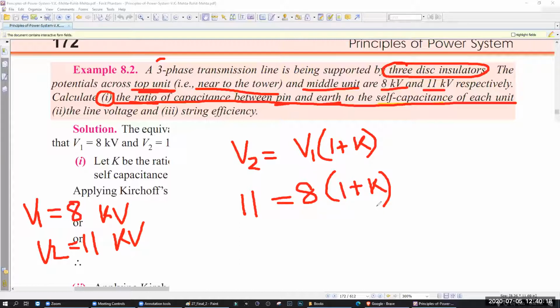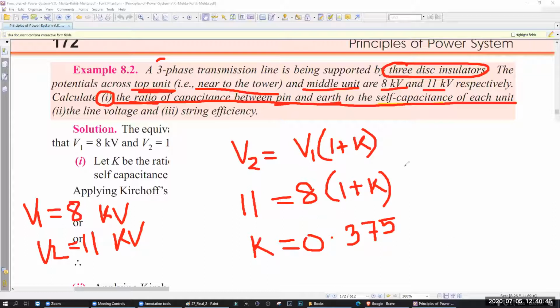So 11 divided by 8 minus 1. So your value of K is this one. Understand? So value will be 0.375.